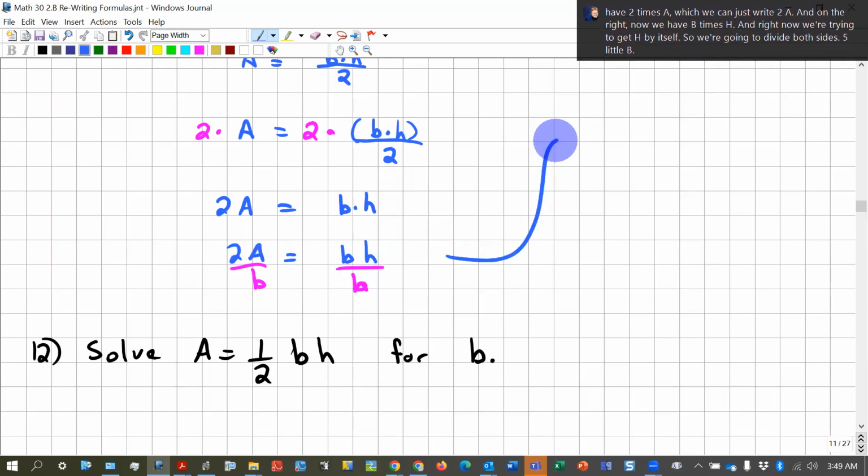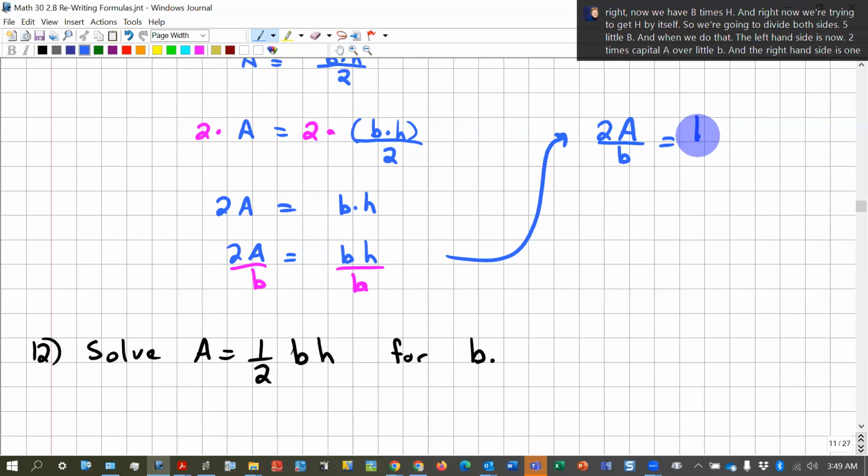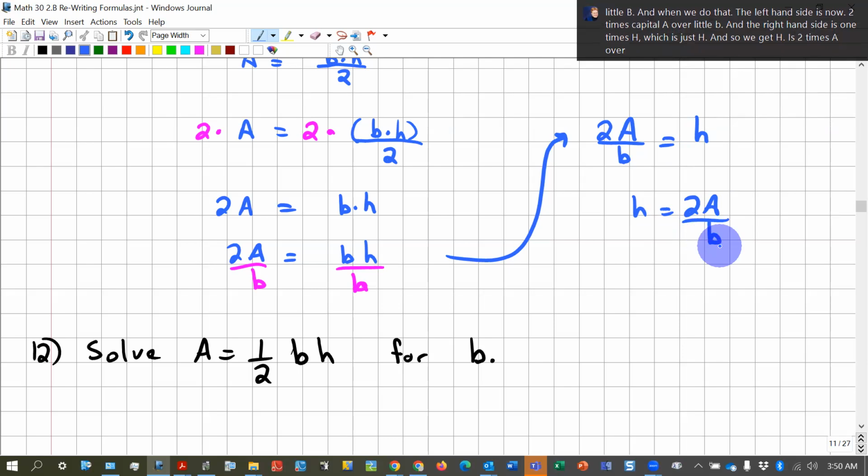And when we do that, the left-hand side is now 2 times capital A over little b, and the right-hand side is 1 times h, which is just h. And so we get h is 2 times A over little b.